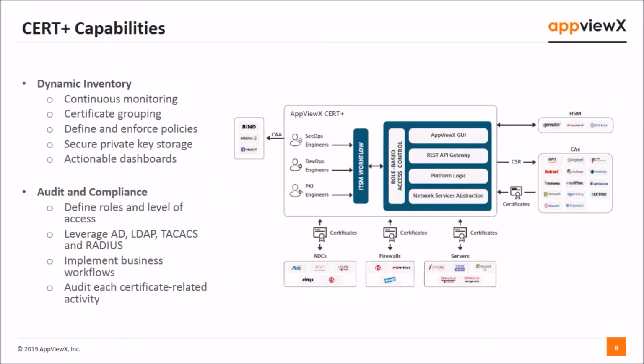And lastly, audit each certificate related activity. So with the distribution of rights and permissions comes the necessity to be able to apply oversight and auditing and be able to revert back in some cases, or simply place auditing and permissions oversight along each incremental step.